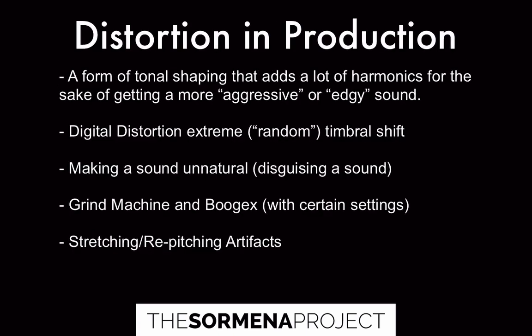So distortion in production. And these are all different examples of when you might use distortion during production. A form of tonal shaping that adds a lot of harmonics, like overdriving an amplifier, for the sake of getting a more aggressive or edgy sound, like we just talked about with the guitar. If we use digital distortion, this would be an extreme and, in many cases, random timbral shift.